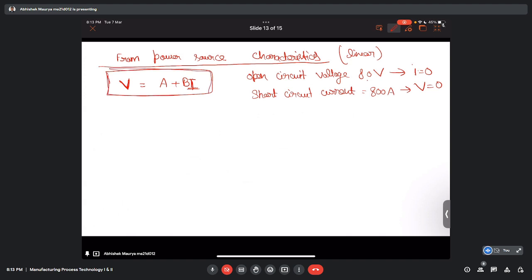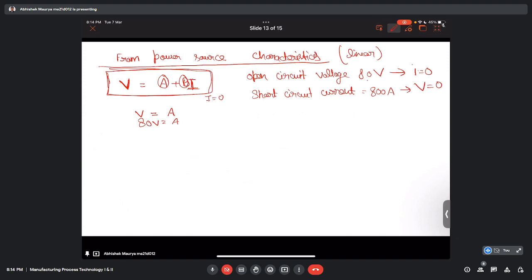What do we have to find out? We have to find out A and B. From the first equation, if we put I equal to 0, we get V equals A, or the given 80 volts equals A. So A is 80 volts.